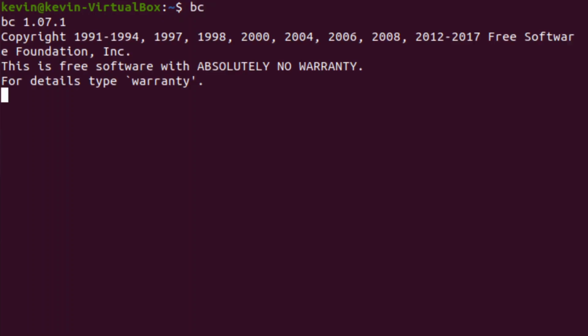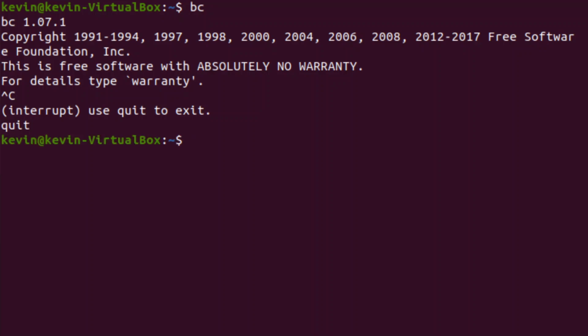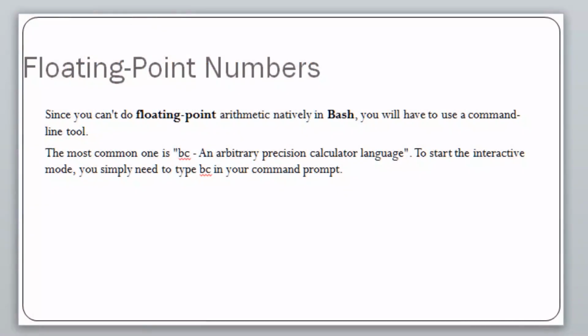BC. And there you go. See, it gives you a little warning, tells you about the software, and now I'm in that BC mode. I'm going to hit Control-C to exit out of that. Use quit to exit. Oh, okay. Quit. There we go. Type in quit to exit out of that, okay? Guys, that's not something you really use a whole lot, but you do want to be aware of it.